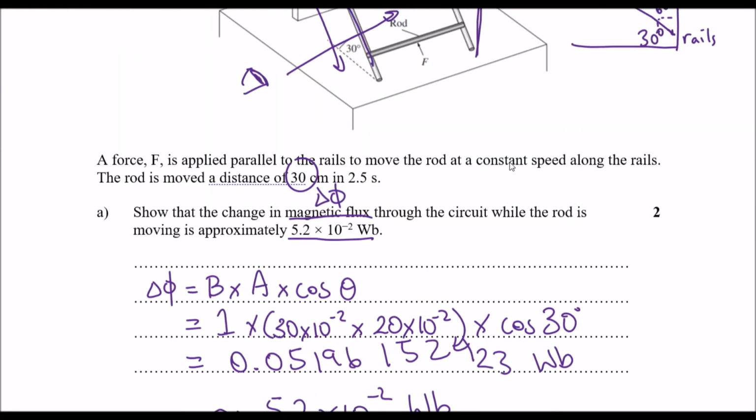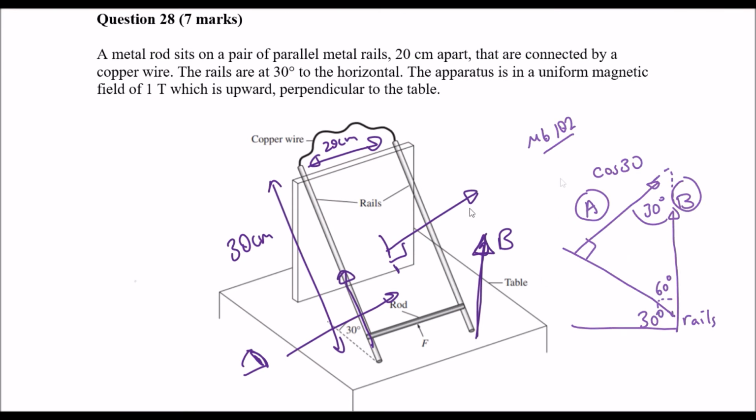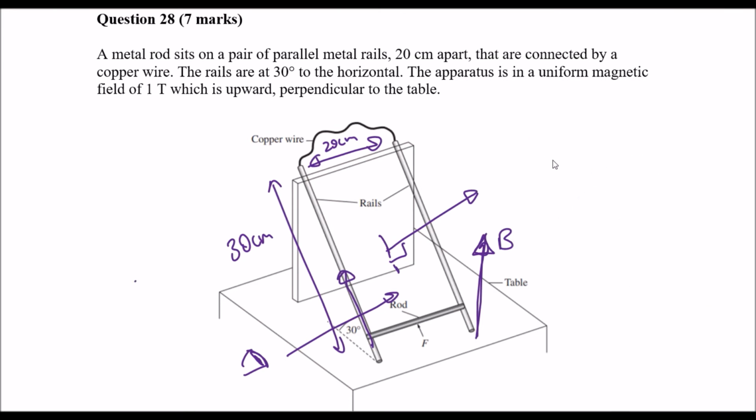Okay, next we need to work out the direction. So going back up into our diagram here, I know that the force is driving our circuit up in this direction and the magnetic field is going in this direction here. So that's the original motion of our force.